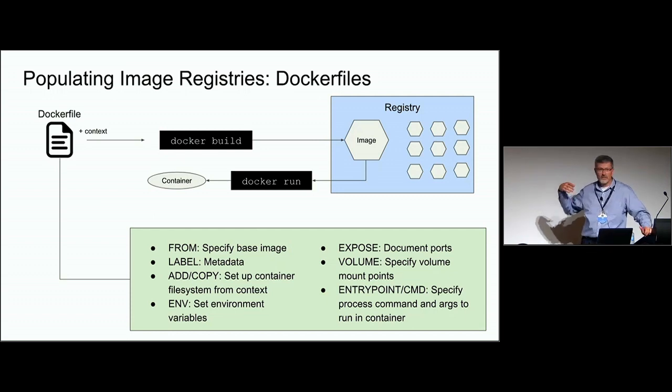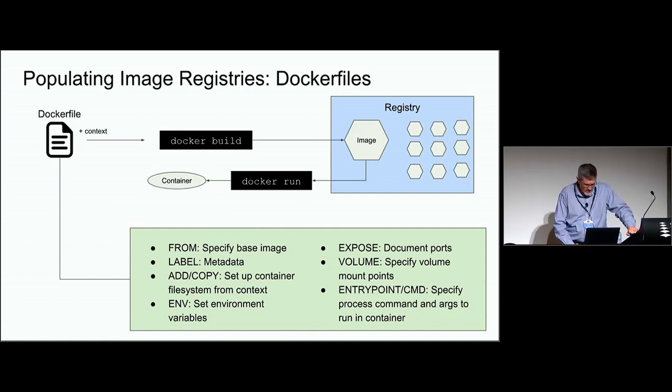I've listed here the 80% of commands, or instructions, that you use in your Dockerfile, and what each of them is used for. You always have to have a FROM. Everything else is optional. But you're going to use some of these, otherwise there would be no point and no reason to create a new image.